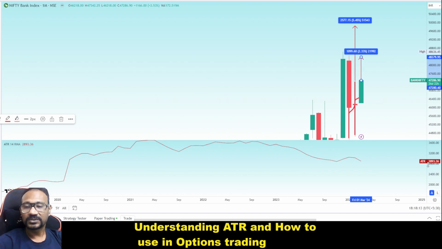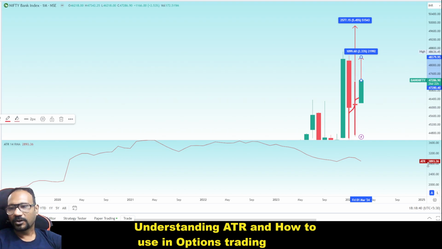But the market need not necessarily be trading in this range alone. It can go higher. For that reason, I've got to deploy a small portion of the capital, and then it has to be done in a staggered manner, right? So that is how, as an option writer, you can use this.